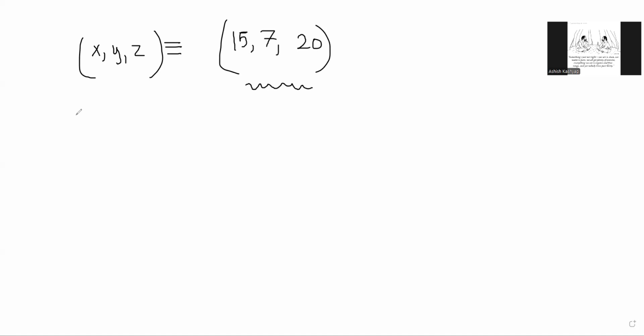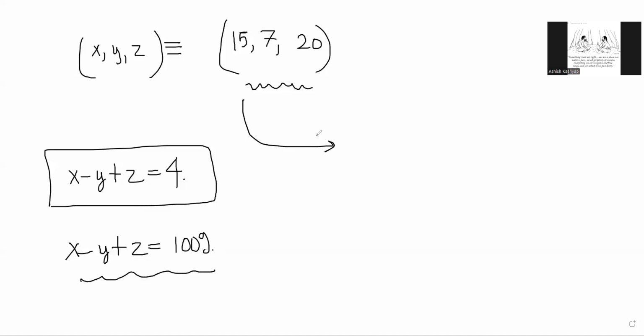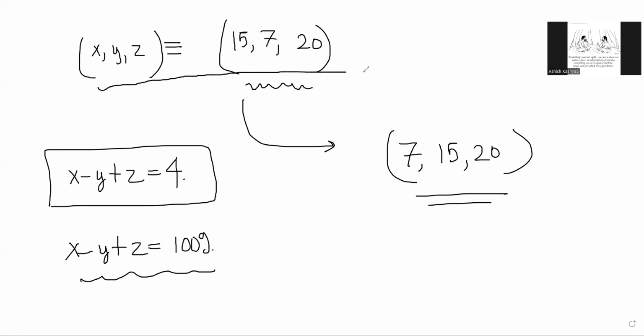Then you can also check the other cases, such as x minus y plus z equal to 4, and then x minus y plus z equal to 1009 or something. You have to check all these cases. There will be one more solution for it. The other solution is just a permutation, 7, 15, and 20. So it is a little bit of a tricky one, but at least one solution I hope everyone has understood how we got.